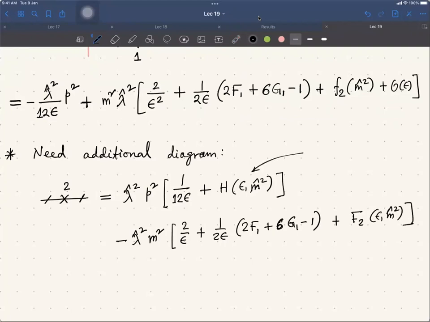So both these two terms are finite as epsilon goes to 0.